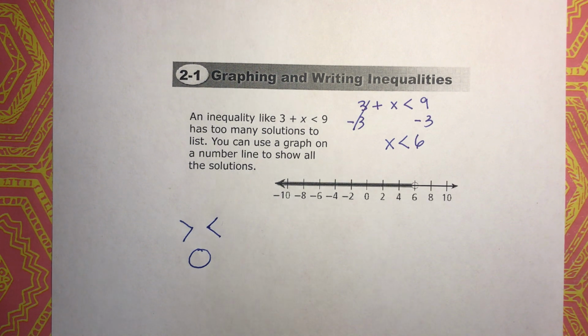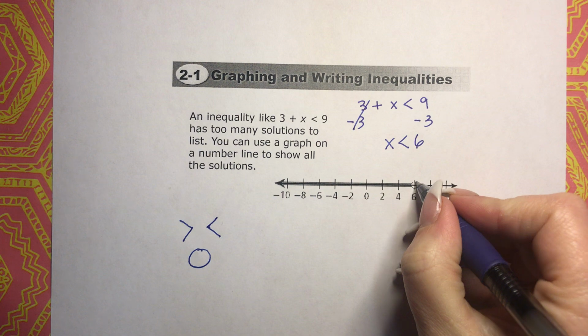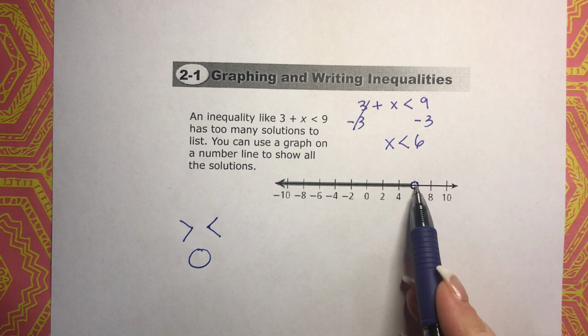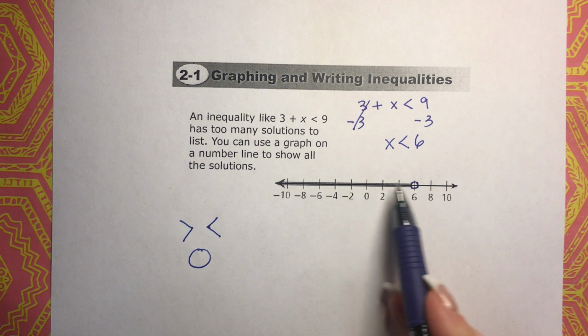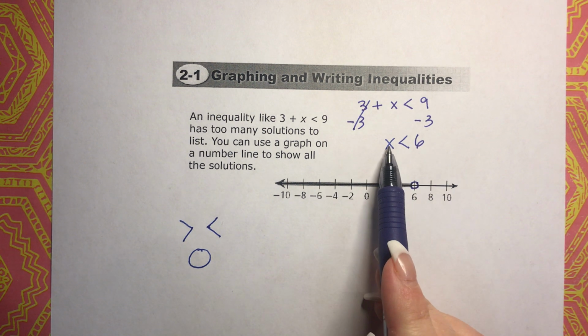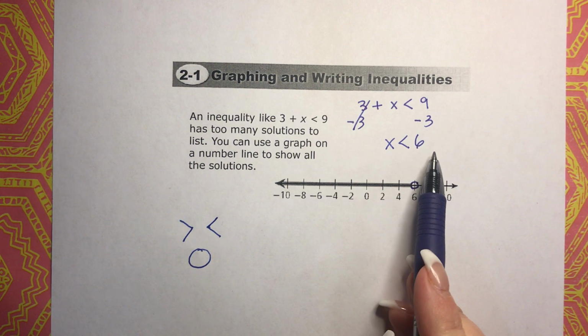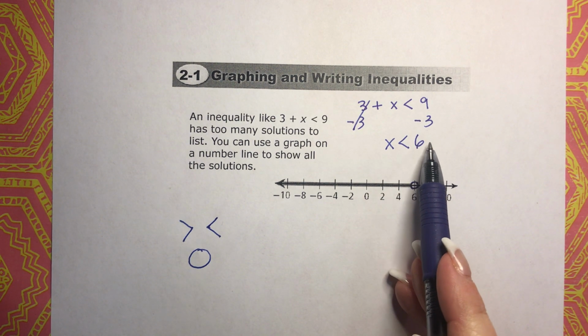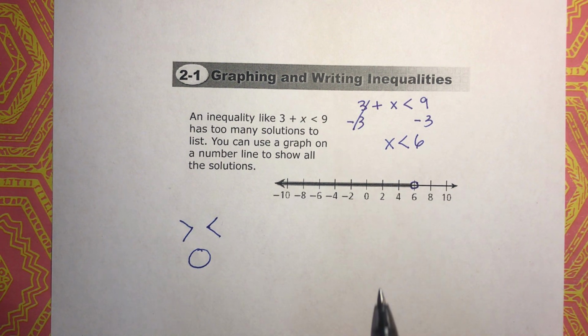Notice this is x is less than 6, so they used an open circle. This open circle just means, you see how there's a space on 6? It means it doesn't include 6. So it's everything below 6, but it doesn't include 6, because it's not x is less than or equal to 6. It's just x is less than 6. So it's not 6, it's just everything less than 6. So we use this open circle.